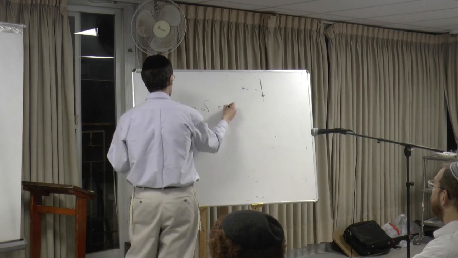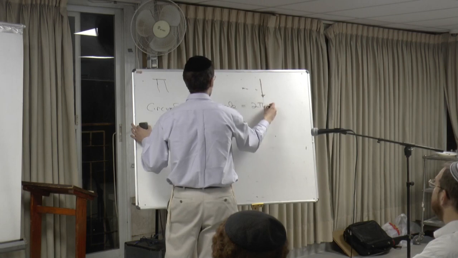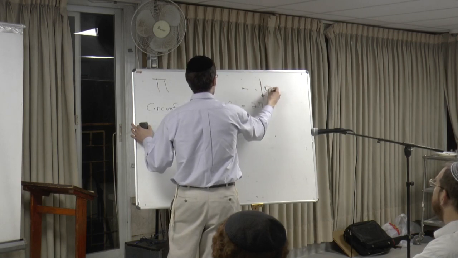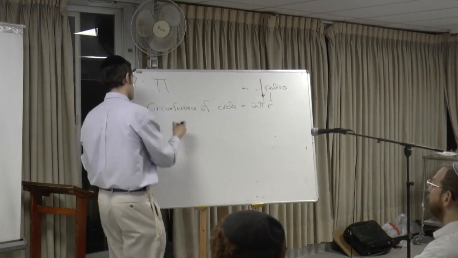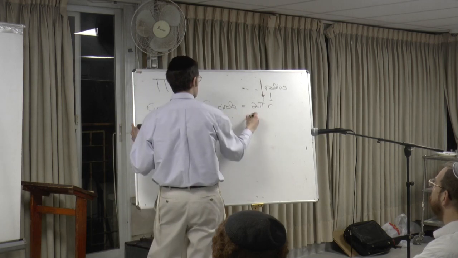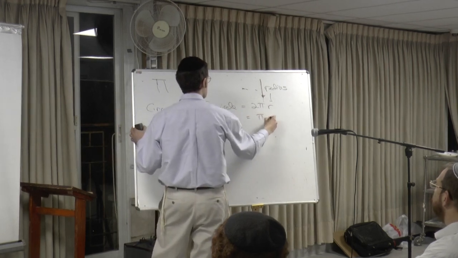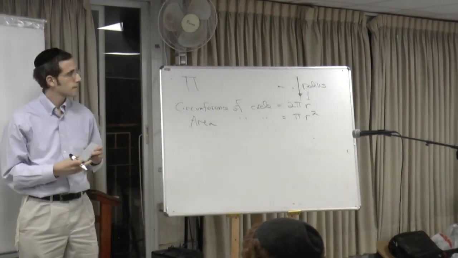The circumference of the circle is equal to 2 pi times its radius. Or sometimes we say the area of a circle is pi times its radius squared. Different ways of saying what pi is.